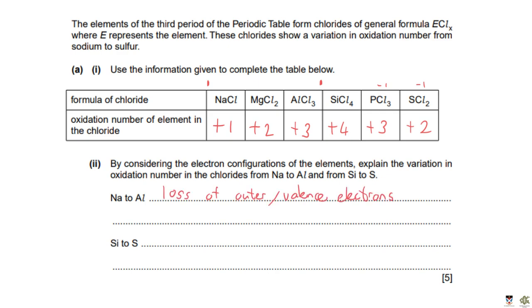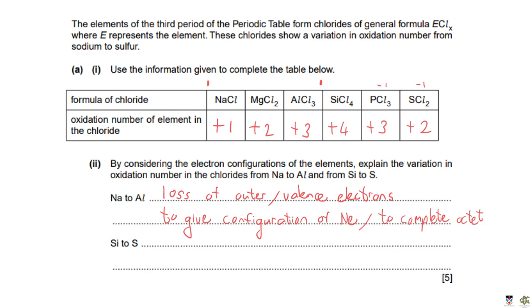Why do they do that? To become more stable, because after losing 1, 2, and 3 electrons respectively, they end up with a full outer shell, or with a configuration that's the same as the noble gas neon. And then if we consider silicon, phosphorus, and sulfur, they have 4, 5, and 6 valence electrons respectively.